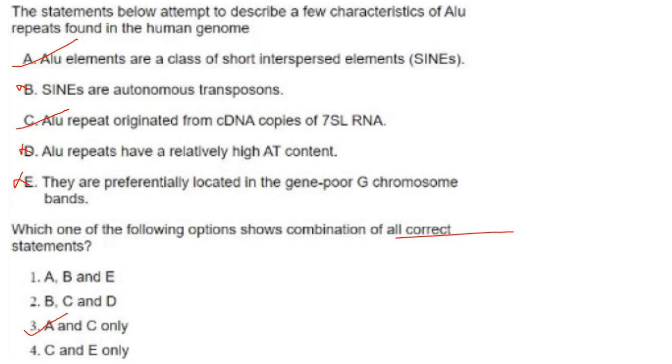So here ALU are GC rich, so they will not give the G banding pattern. So E is also not correct. So the answer here is C, A and C only. Option 3.